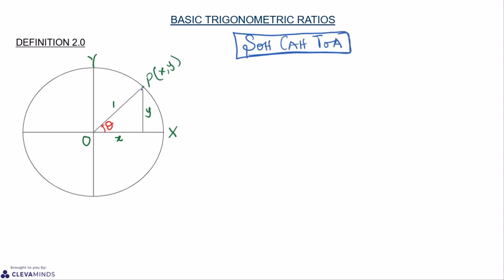So given this right angle triangle, let's call this point M, so triangle OPM. Let's bring it out. Sorry, you can mind my lines.